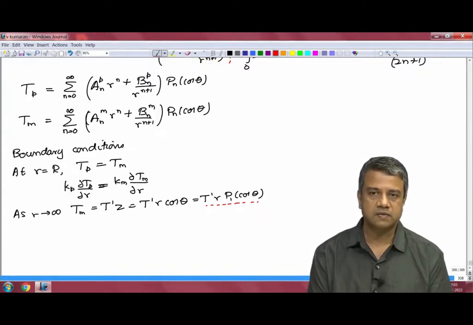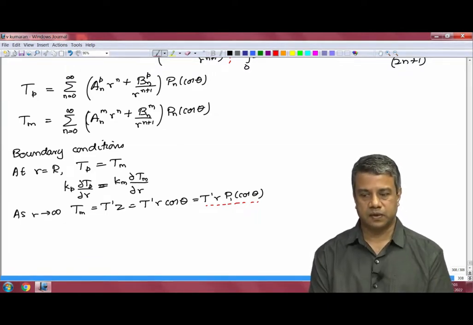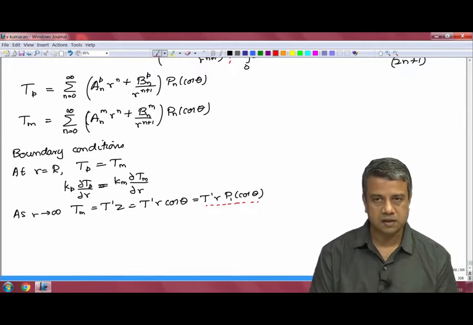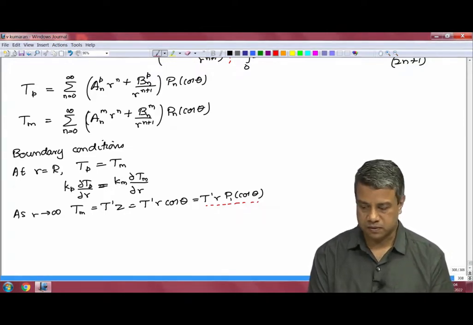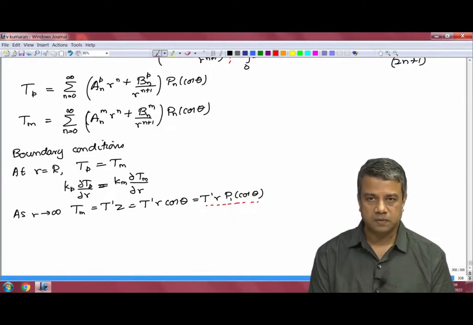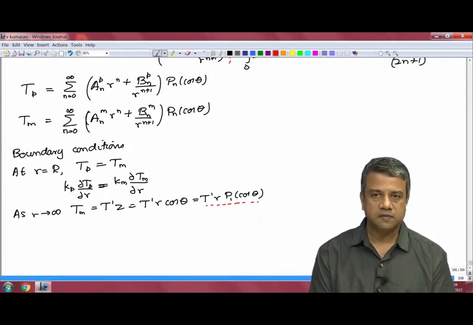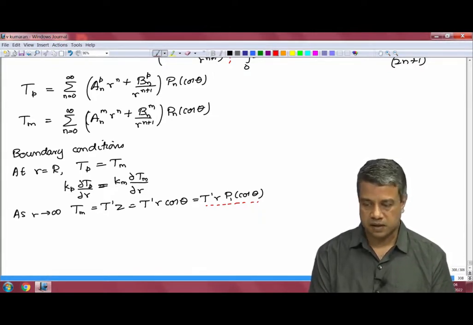The coefficients for all others, P0, P2, etc., are all 0. That means that for P0, P2, P3, etc., that component of the temperature field is 0 as r goes to infinity.